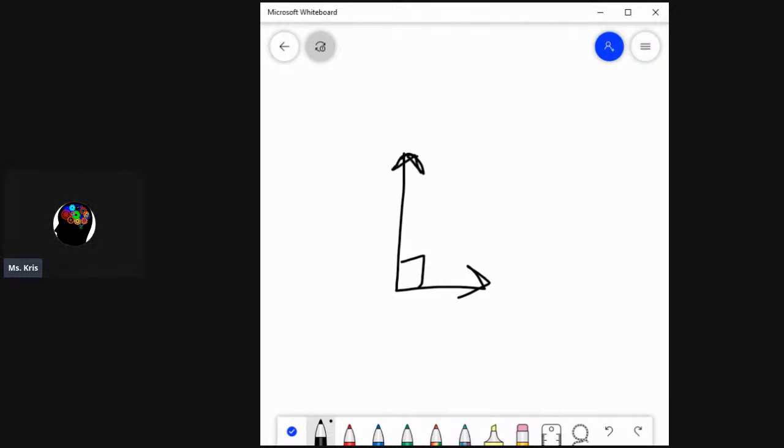So, a ray splits my right angle into two measurements, or it'll bisect into two measurements. Either measurements are going to be the same or they're going to be different. But angle ABD plus angle DBC, when they're added together, they must equal 90 degrees in order for them to be complementary.